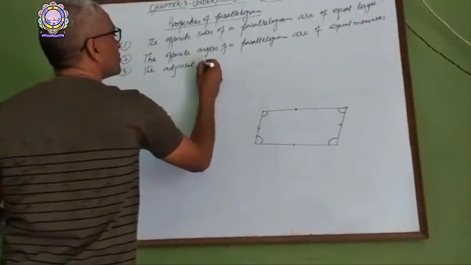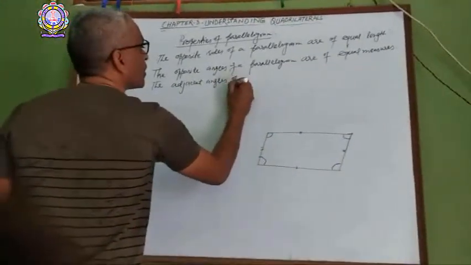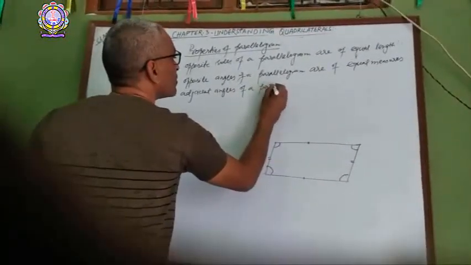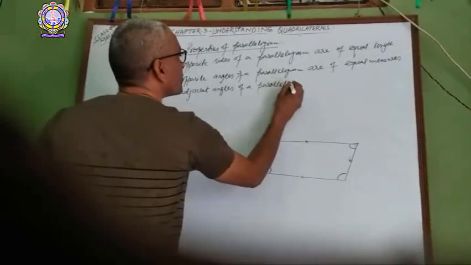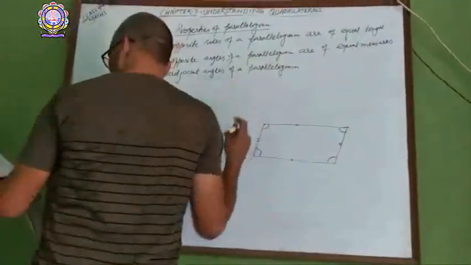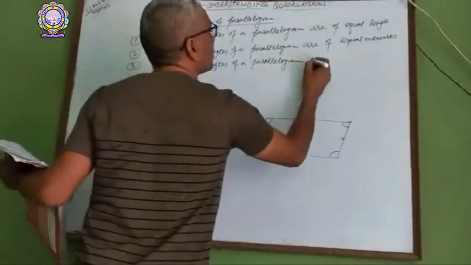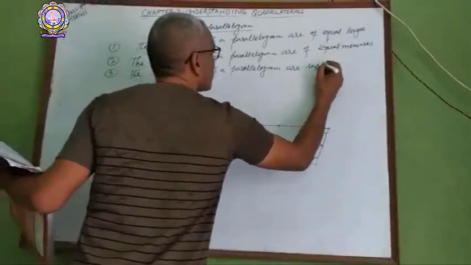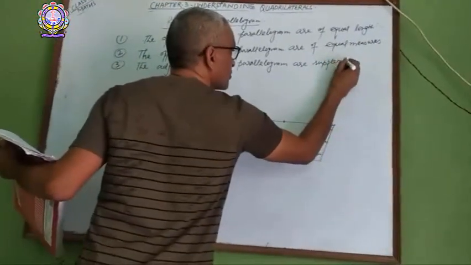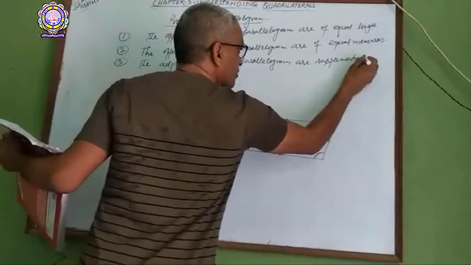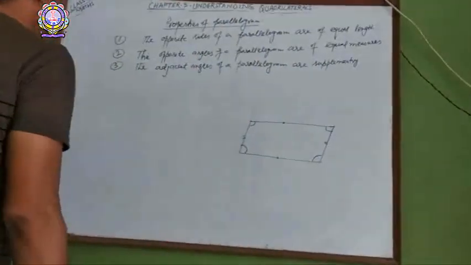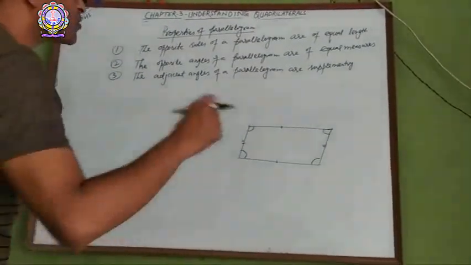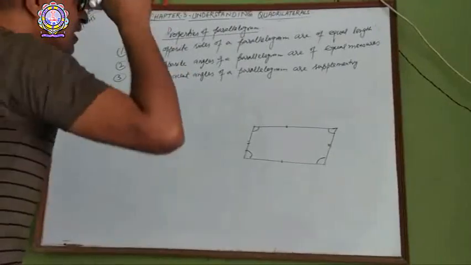It means the sum of adjacent angles of a parallelogram must be equal to 180 degrees.